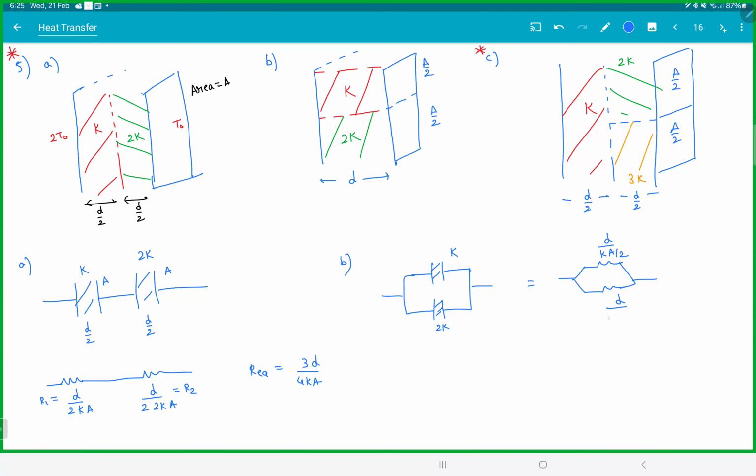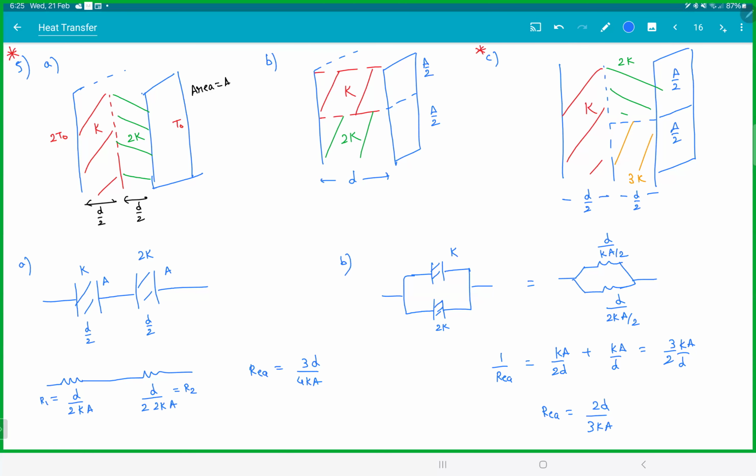This is D, 2K, area is A by 2. And 1 by R equivalent is 1 by R1 plus 1 by R2, so KA by 2D plus KA by D. This is 3 by 2 KA by D, and inverse is 2D by 3K. That's your B. Check. So up and down both are in parallel because they have the same temperature difference.